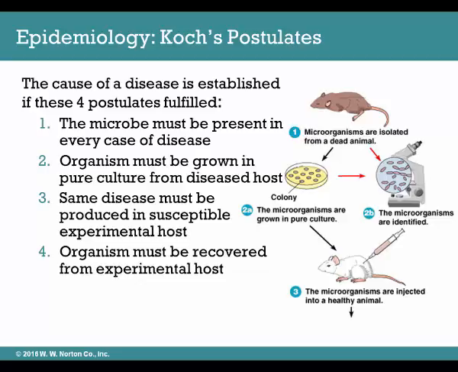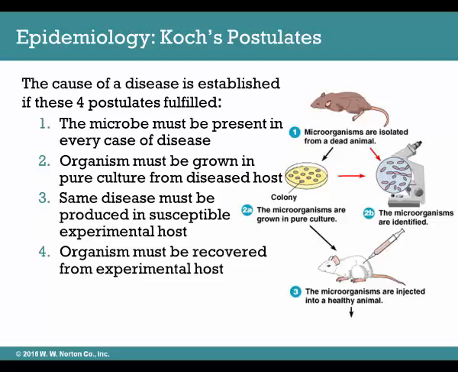He developed a series of 4 basic steps in order to identify a microorganism as the cause of an infectious disease. These 4 steps are that the microbe must be present in every case where the individual is sick.